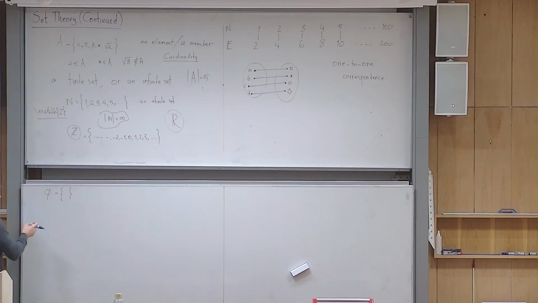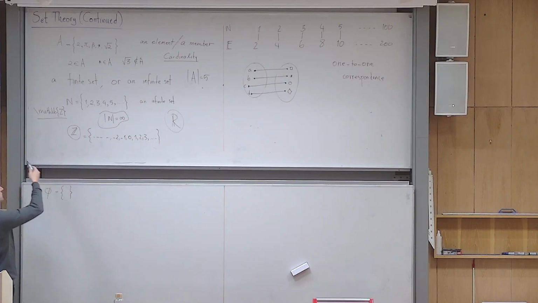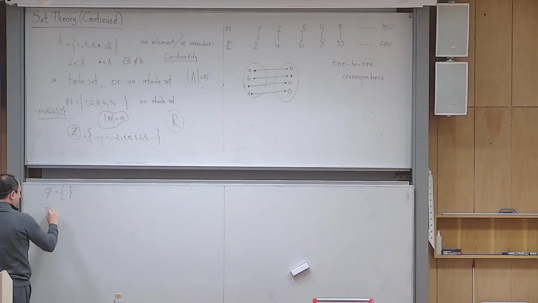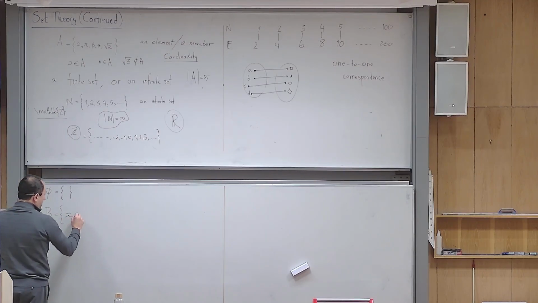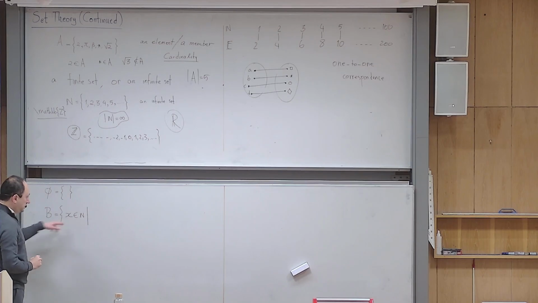Okay, another thing that I haven't talked about yet. Sometimes we write the elements of the set, but sometimes we describe them. For example, I can say the set B is the set consisting of x's, where x belongs, for example, to N, such that, this is the way that you read it.